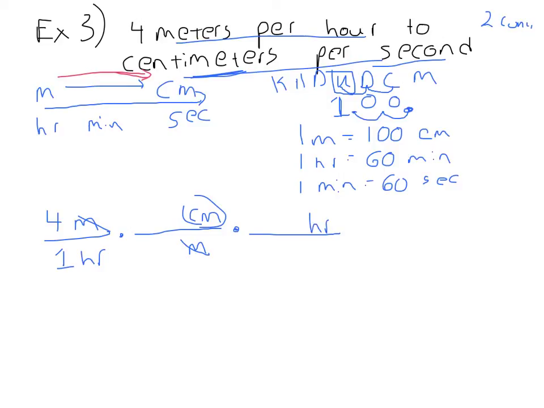After hours comes minutes in our roadmap. And then to cancel minutes, I need minutes in the numerator, and then seconds will be in the denominator. That's what I wanted. Hours cancels. Minutes on bottom, minutes on top, cancel out.